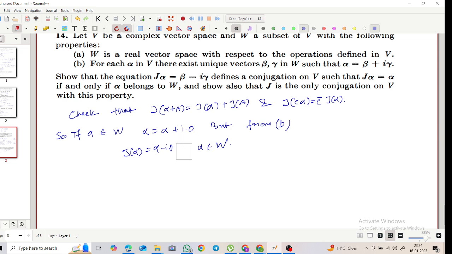So J alpha should be this, no? But alpha has already been written in this way.